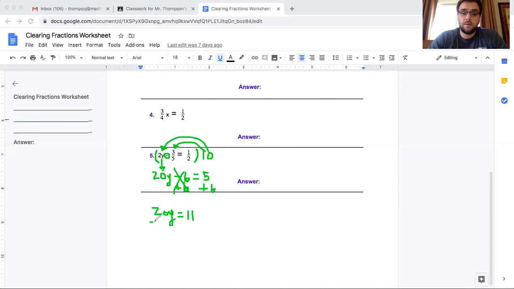Okay, now next step, we divide by 20. That would be our answer then. y equals 11 over 20.